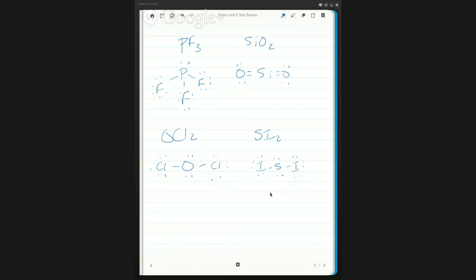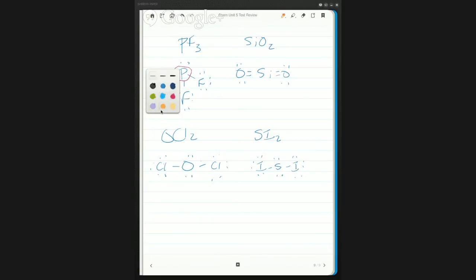Okay, for the audience at home, you need to take a look at these and see if you can figure out what shape they are. Let's do PF3 first. This is your central atom, P. How many things are on the central atom?